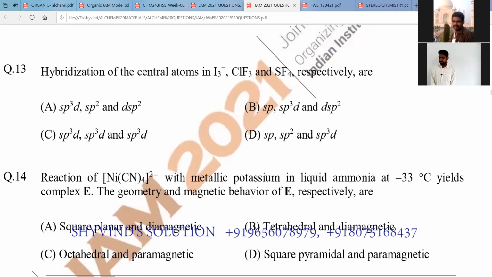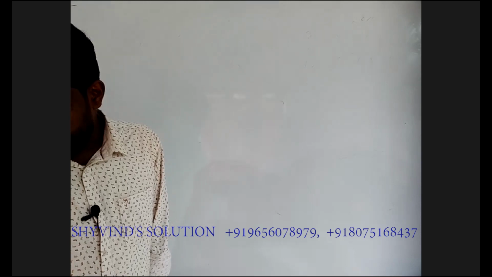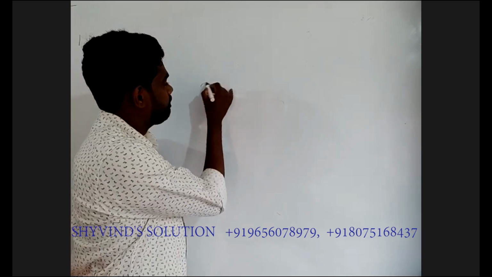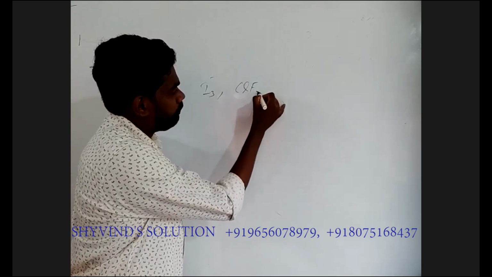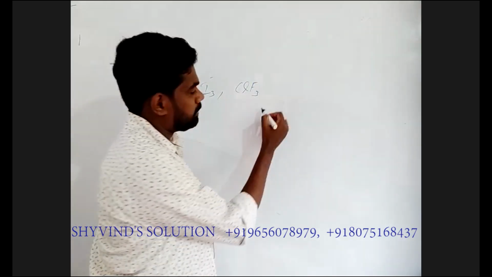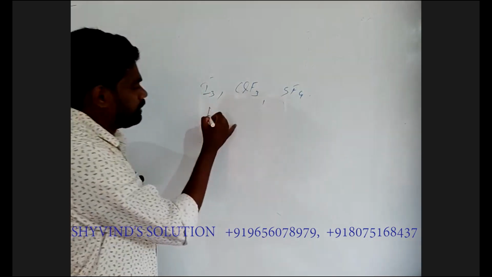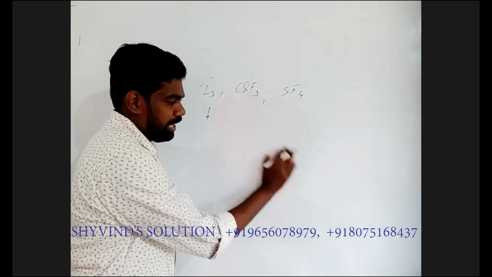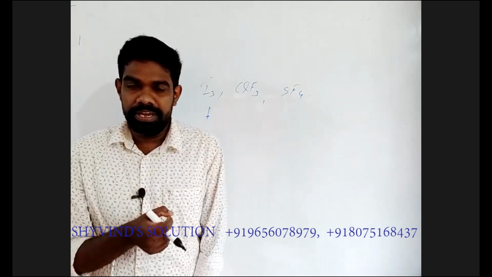The question is: the hybridization of the central atom in I3 minus, ClF3 and SF4 respectively are. Let's see how to solve this. If you go by the structure to calculate the hybridization, we have equations and other things, but I am talking about the simplest way.